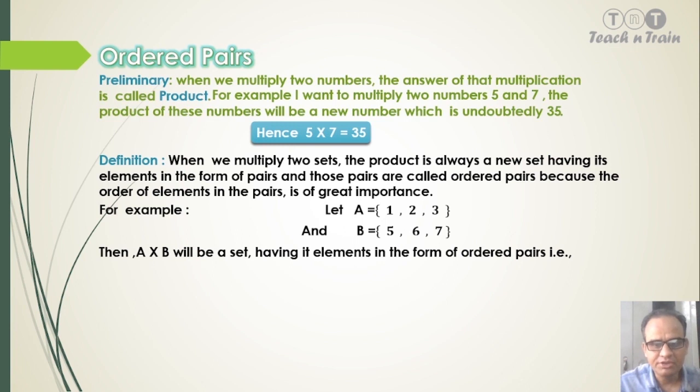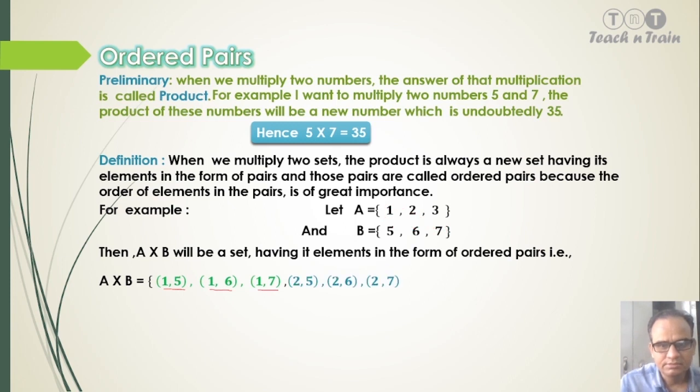To get the ordered pairs in A cross B, I'll select an element from the first set and pair it with the elements of the second set one by one. First I'll pair it with 5, then with 6, and at the end with 7. So the first pair is (1, 5), the second is (1, 6), and the third is (1, 7).